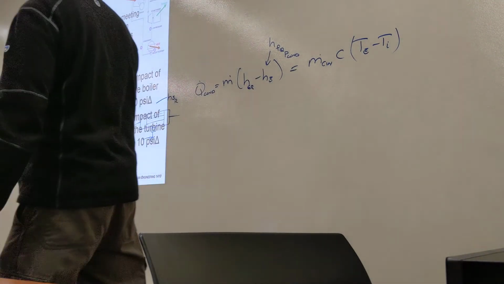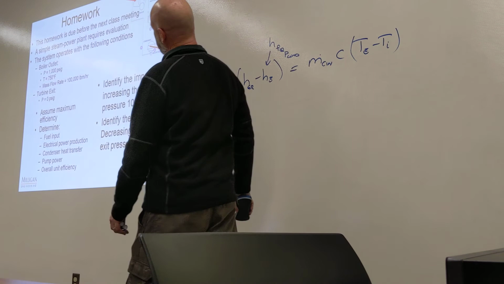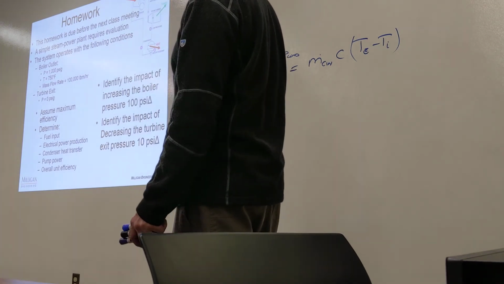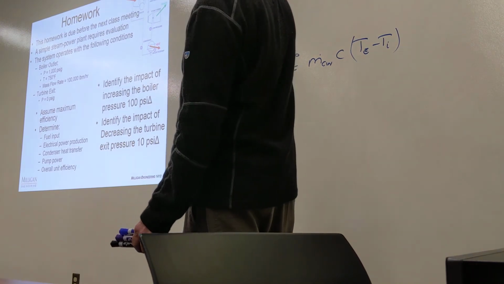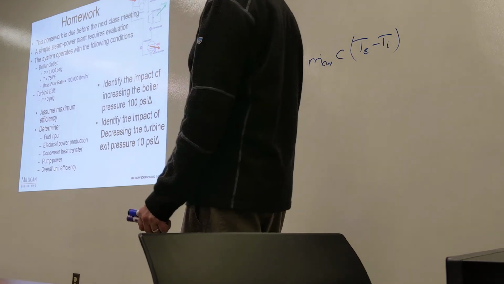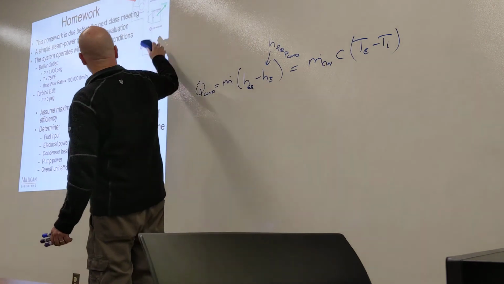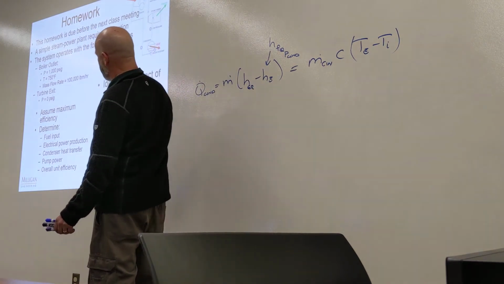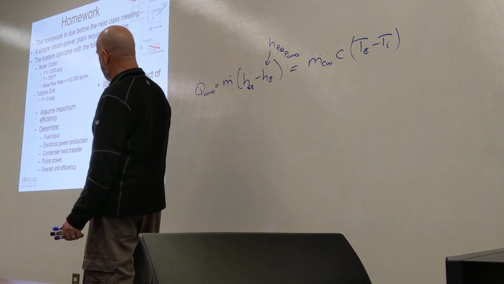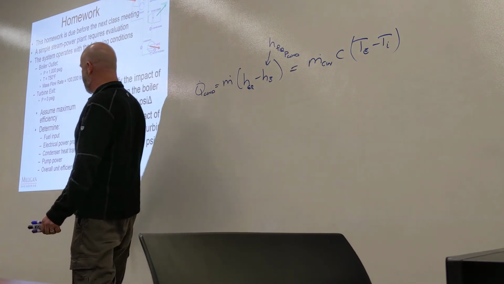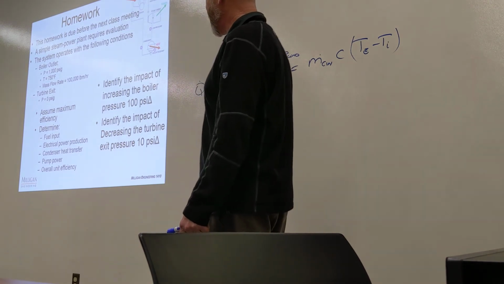And a more interesting homework problem. A simple steam power plant requires evaluation. The system operates with the following conditions: boiler outlet pressure 1,000 psig, 750 degrees Fahrenheit, 100,000 pounds an hour of steam flow through the system. Turbine exit is 0 psig. That's the turbine exhaust pressure. Assume everything's working at the best efficiency it could, so 100% efficiency.